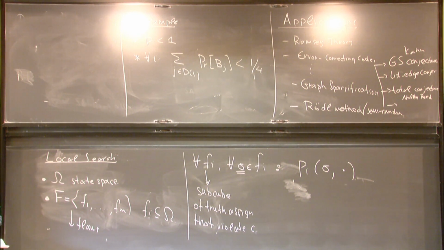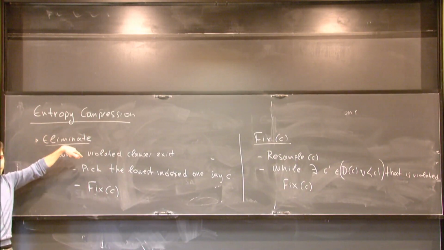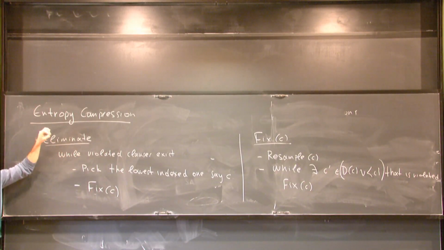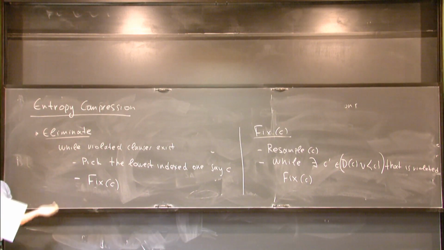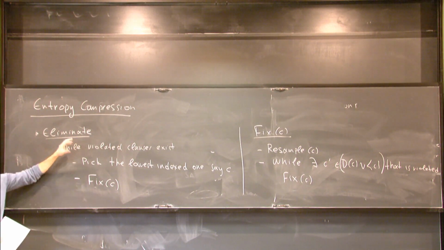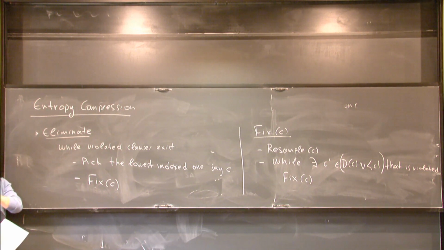And maybe we should do a break now, and then I'll show you this entropy compression argument. By the way, the reason I made this parenthesis and explained the general setting is that the entropy compression argument originally worked just for this algorithm for KCNF.